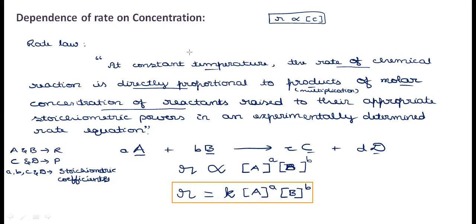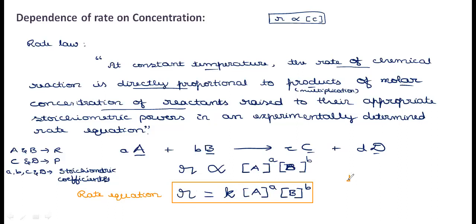This form of the equation is called the rate equation, where the rate of a chemical reaction is equal to the rate constant times the product of concentrations of reactants raised to their appropriate stoichiometric powers.